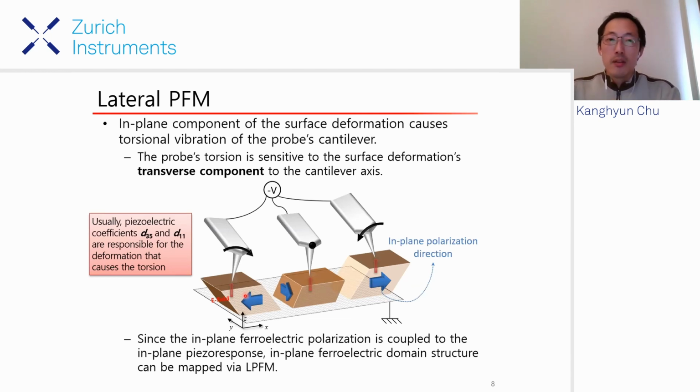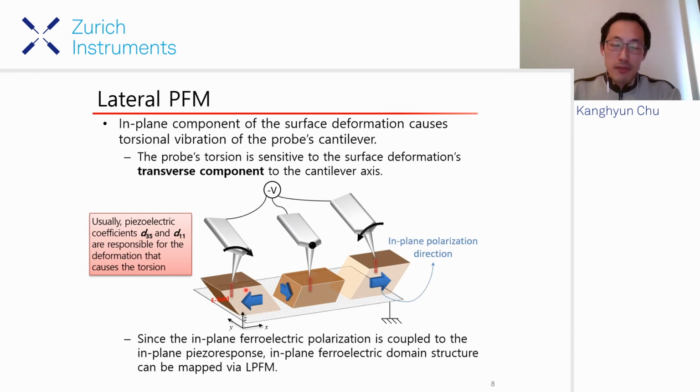And since this is a torsional vibration, if the surface motion is parallel to the cantilever axis, then that kind of piezo response cannot be captured by the torsional vibration, or maybe it is just blended into the out-of-plane signal. So we cannot get that information. Only the projected component of the in-plane motion onto the cantilever axis can be captured.